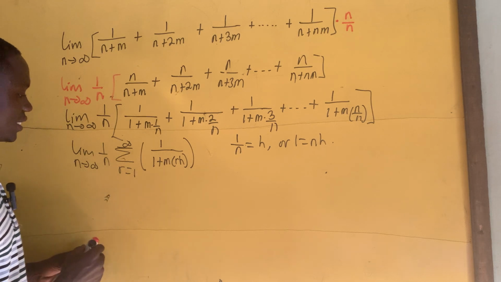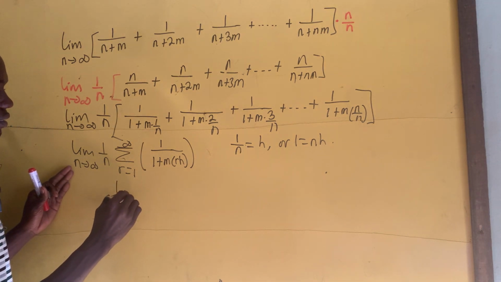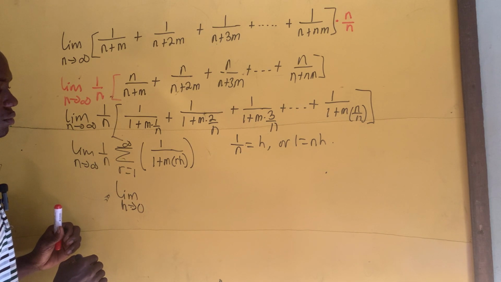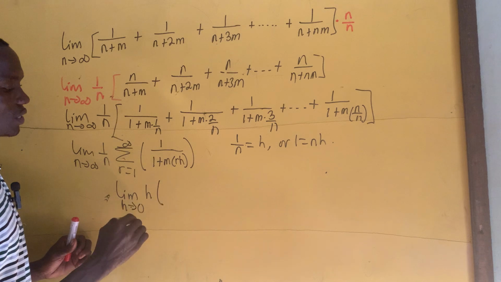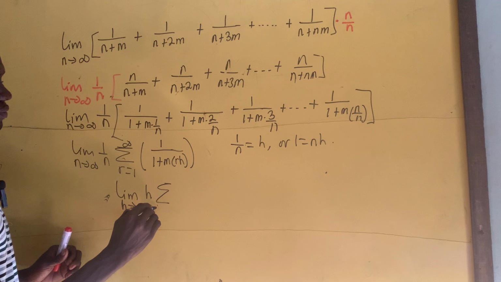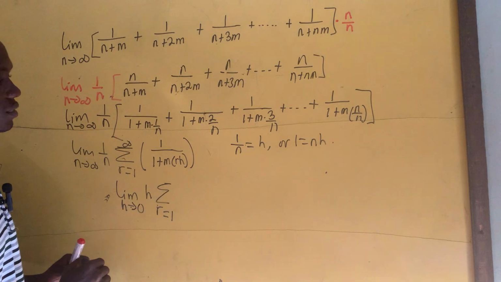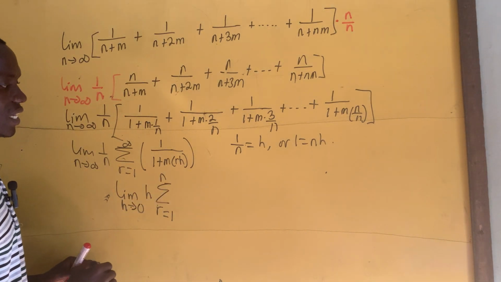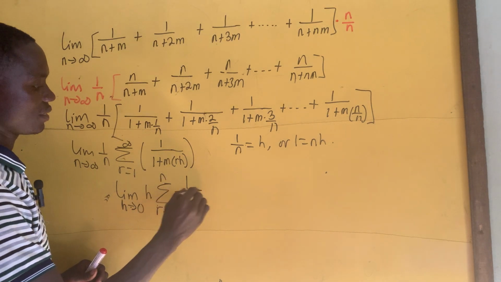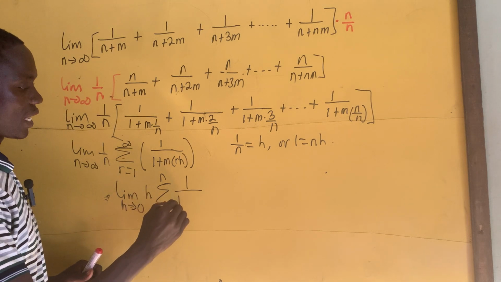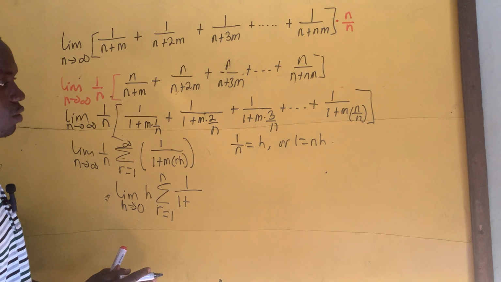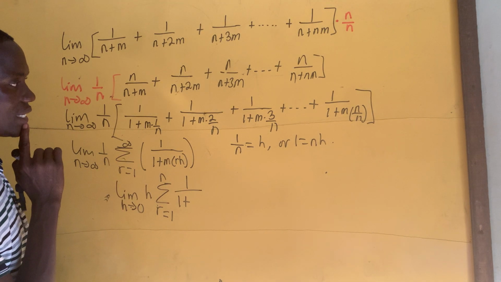So this is the same as the limit as h goes to 0 of h times the summation r equal to 1 up to n of 1 divided by 1 plus, wow, I think there's a mistake here.